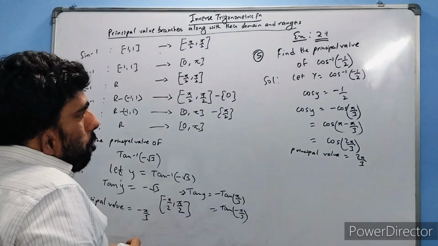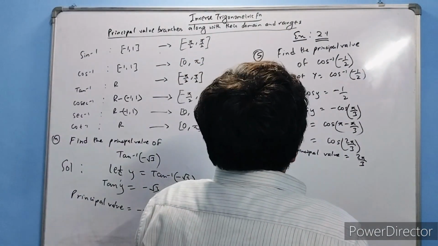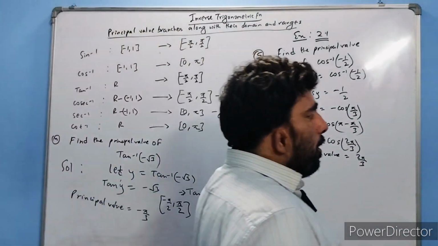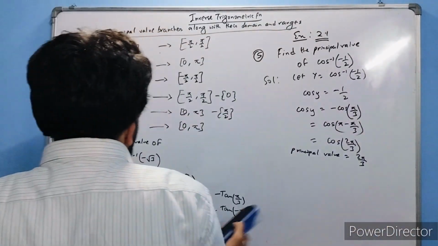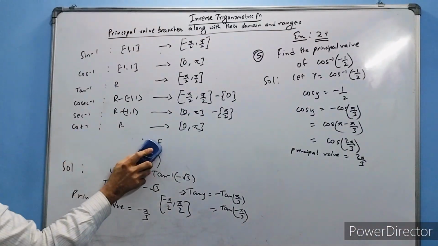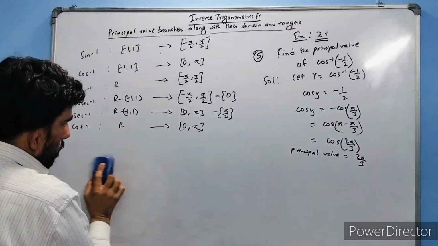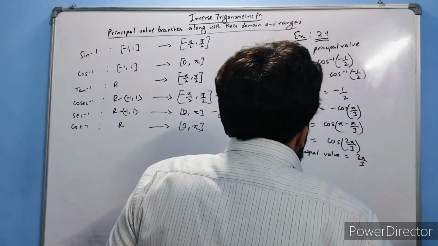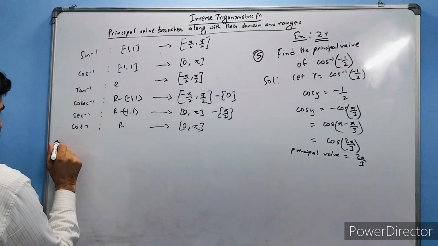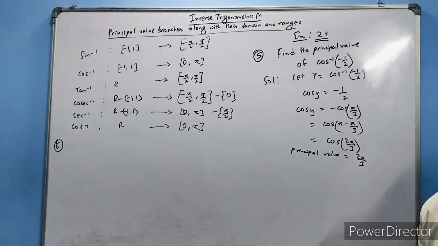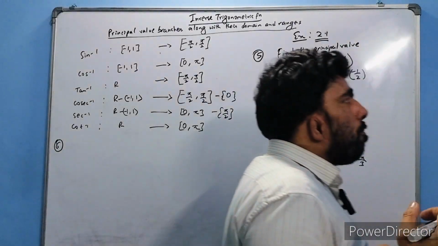Now we'll try to find more principal values of the trigonometric functions. So we have done 5. Let us try to find the principal value of tan inverse minus 1.